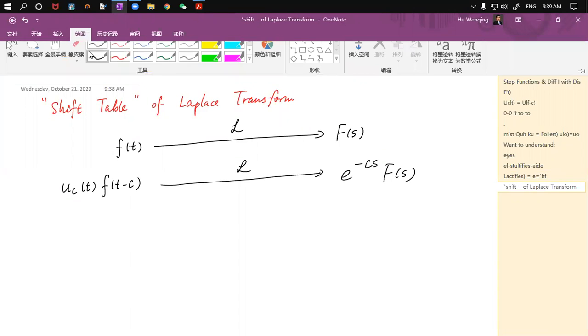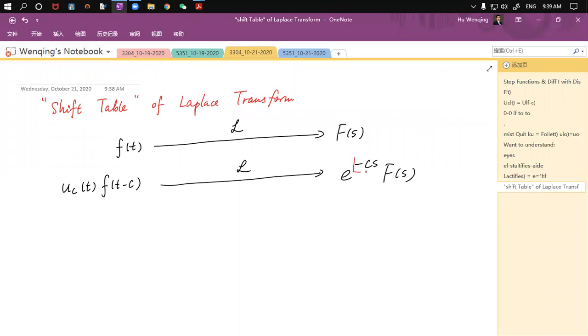The important thing here is that this exponential shift has a factor minus c, which is the same as the minus c here. Is that good for everybody? Basically, the shift table can be summarized as the following slogan: no matter which side of this table you do an ordinary shift on, the other side is going to result in an exponential shift. Is that good for everybody?